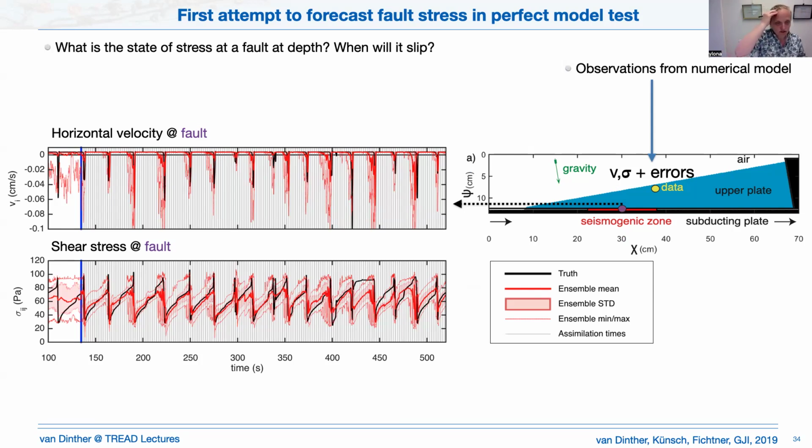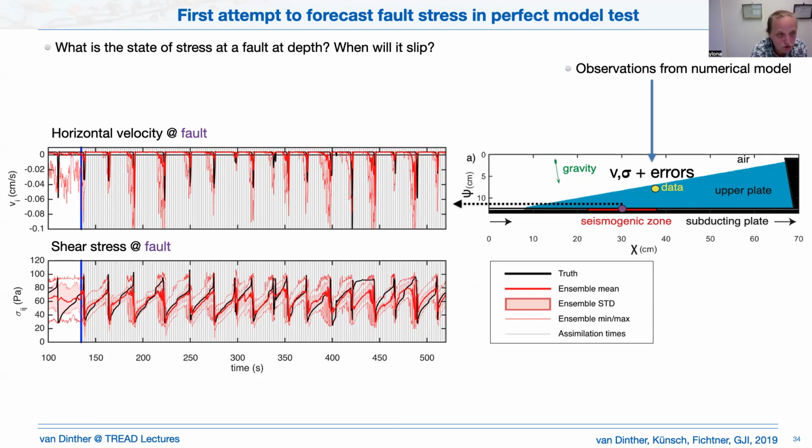If you look at what we then think the horizontal velocity at the fault should be in the top figure, you see the true solution in black again. You see the mean of the ensemble in red, a box around that with the standard deviation, that's in the top figure, not always clear, and then the minimum and the maximum models that are also shown there for each of these 150 models. So you start data assimilation at the blue line.